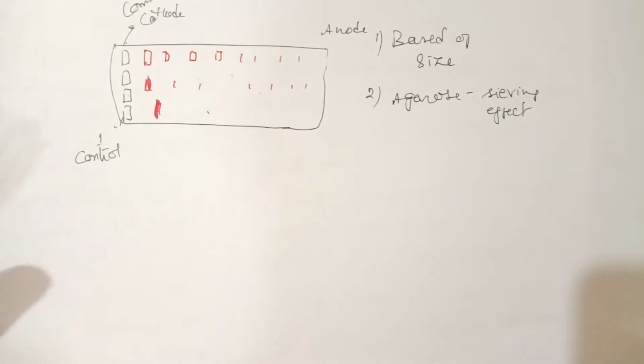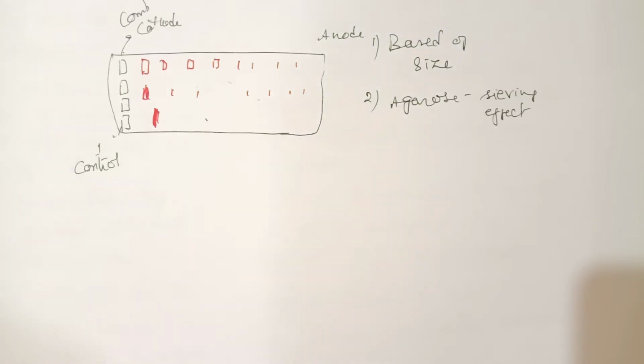So that is the use of agarose gel. And all of you know agar-agar is obtained from red algae, Gracilaria or Gelidium, from which the gel can be prepared.